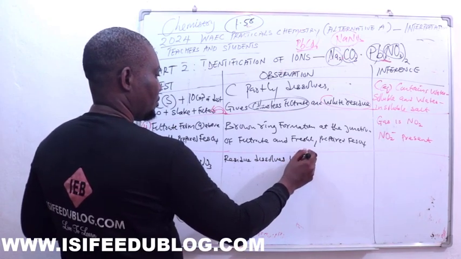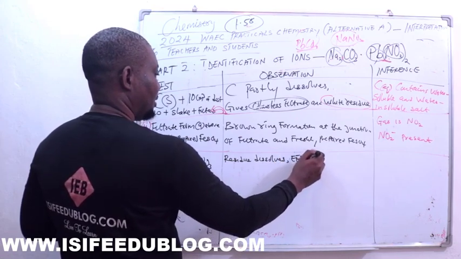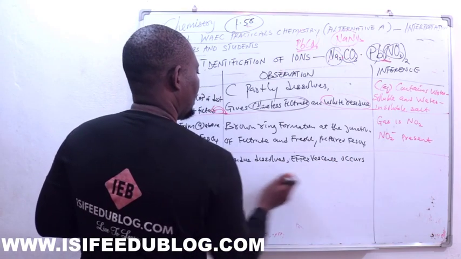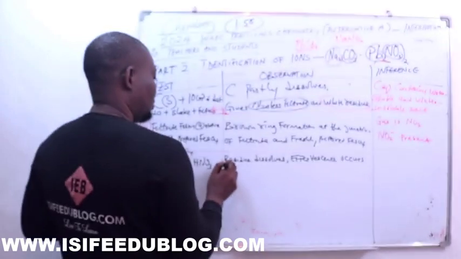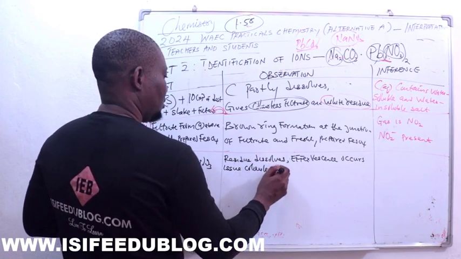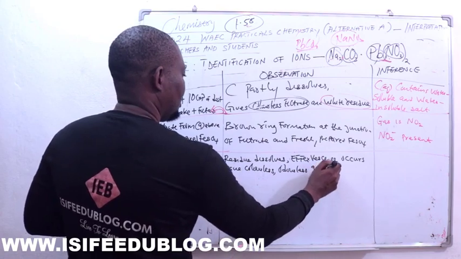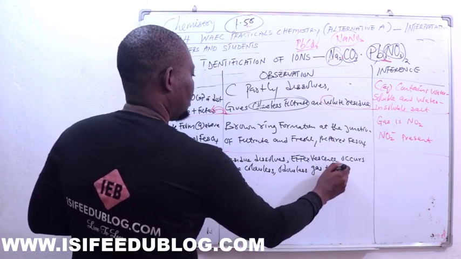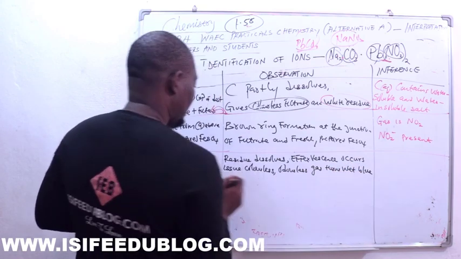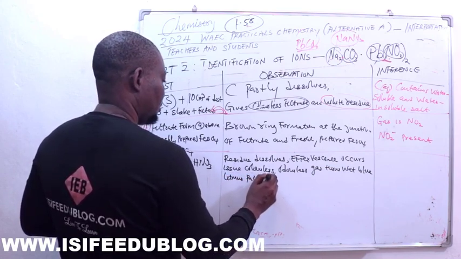Issue dissolve, comma, effervescence occurs, issue colors, comma, odorless gas, turns wet blue litmus paper red.